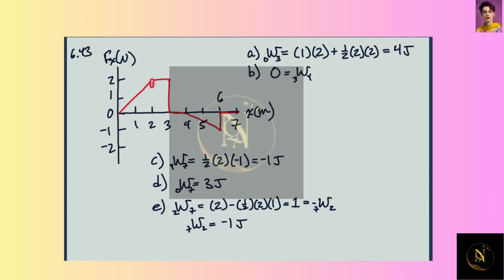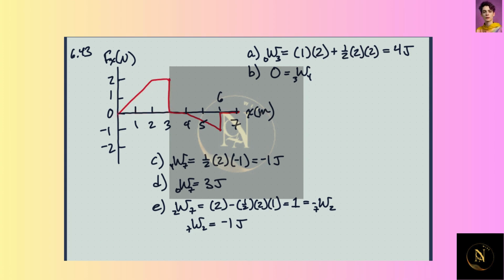We have the area of this rectangle here, which is 2 times 1, so 2 newton meters, which is a joule, so 2 joules of energy from 2 to 3. And from 0 to 2, we have 1/2 times 2 times 2, because it's a triangle, so we also have, again, 2 joules. So we have a total of 4 joules of work done in going from 0 to 3 meters.